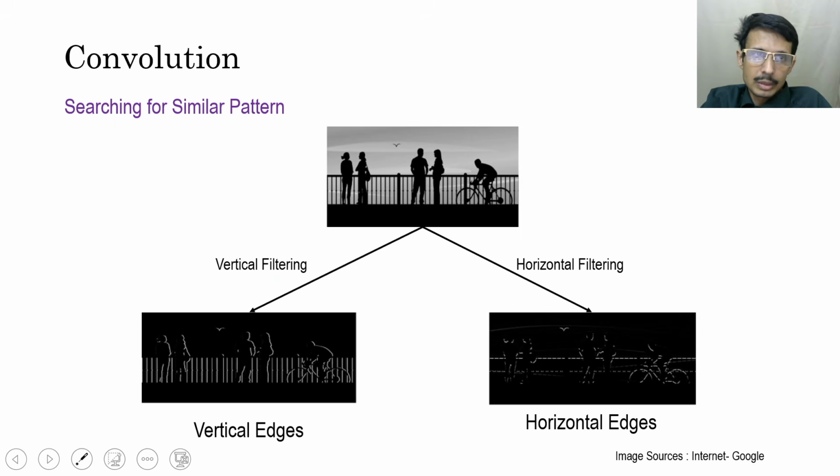Now, if you are searching for a similar pattern, you can use some vertical kernel for vertical filtering, and some horizontal kernel for horizontal filtering, and the resultant edges are like this. Okay? So this is all about convolutions, how it actually works.